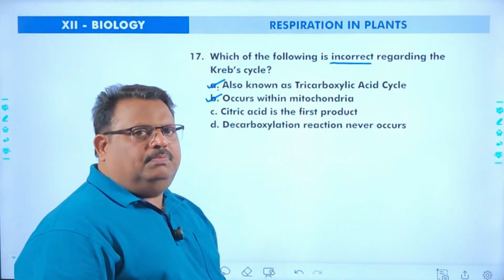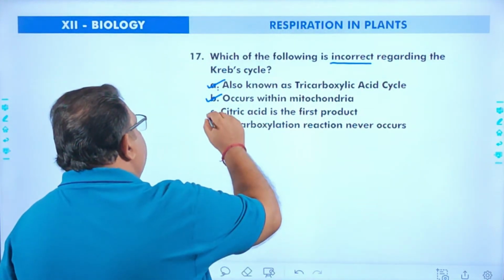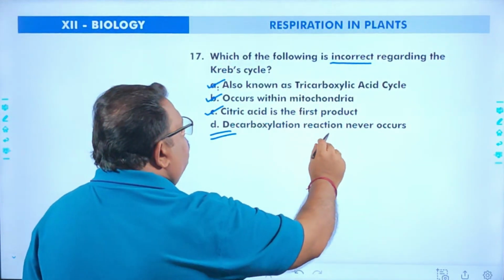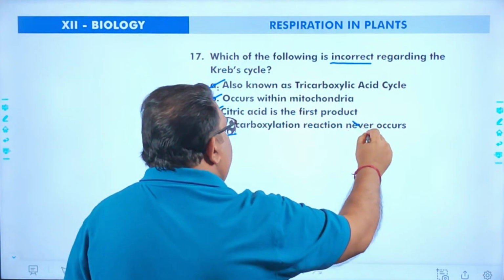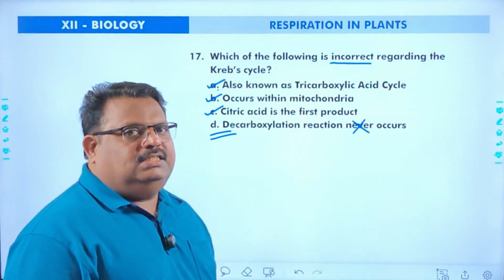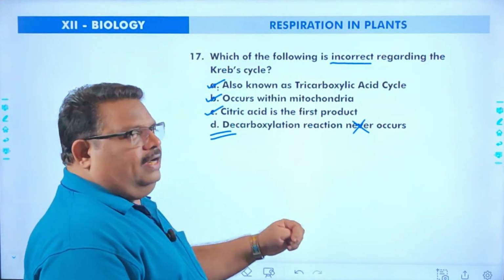Citric acid is the first product. That is why the cycle is also called the citric acid cycle. That also is a right statement. So the correct answer will be: decarboxylation reaction never occurs. That is wrong. Decarboxylation reaction occurs, so that acetyl coenzyme A is broken down into two molecules of carbon dioxide. So D is the correct answer.